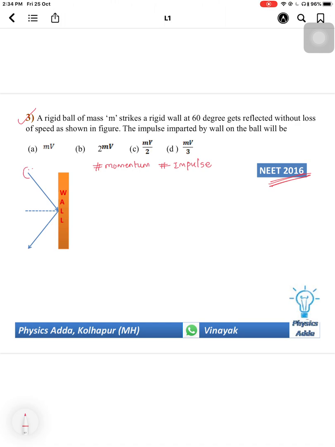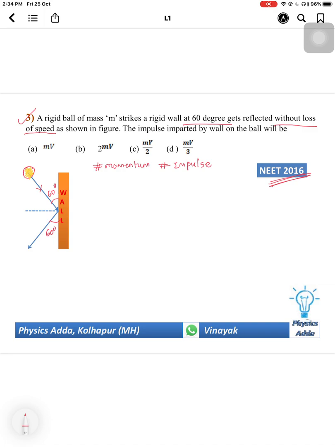A rigid ball. We are having a rigid ball like this. This is the rigid ball, and this ball moves in this direction. It makes angle 60° with wall, and it gets reflected with the same angle without loss of speed.